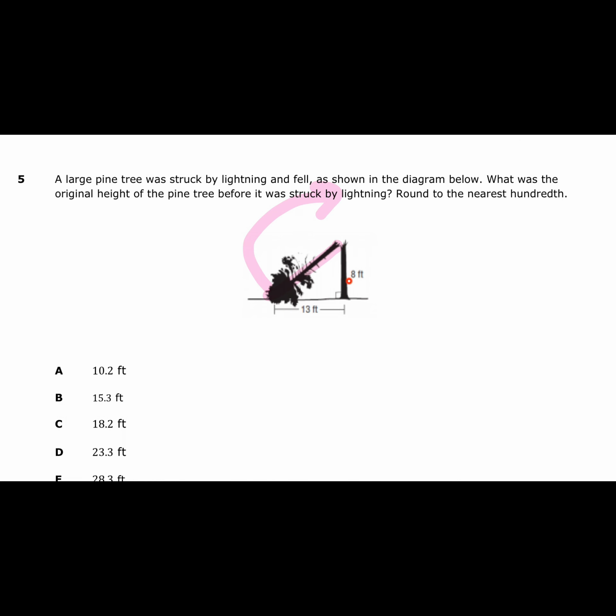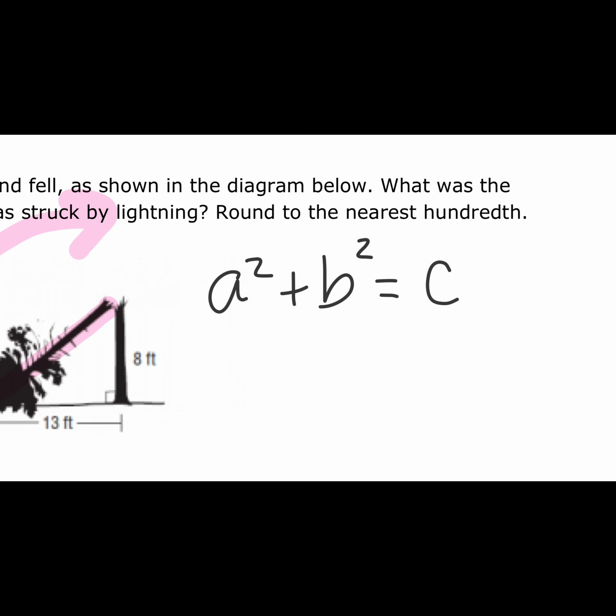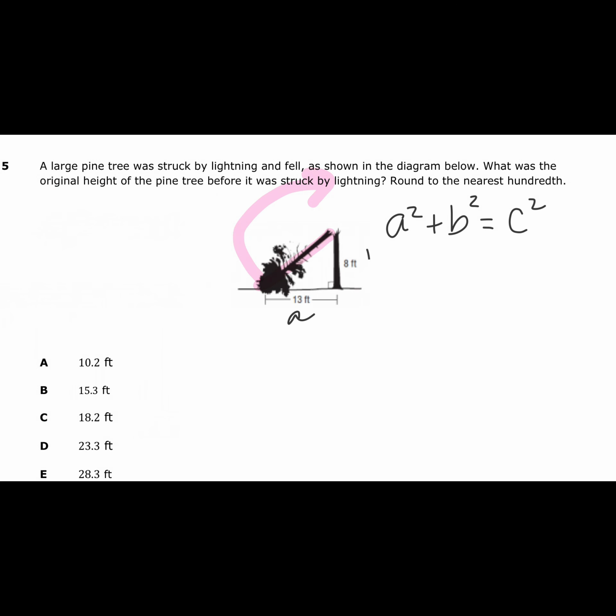So I have a right triangle. I have two legs, so this looks like a job for Pythagorean theorem. A squared plus B squared equals C squared. So if I plug these in, I get 13 squared plus 8 squared equals C squared.